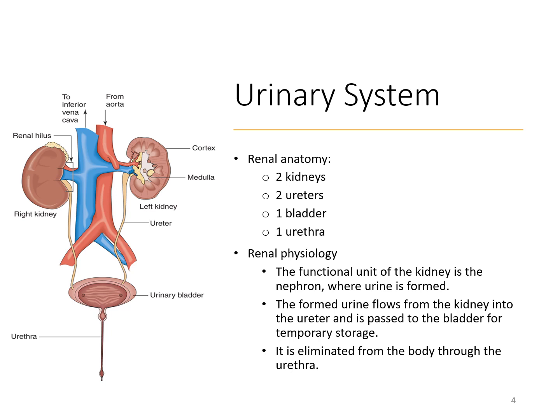The urinary system consists of 2 kidneys, 2 ureters, 1 bladder, and 1 urethra. With urine, we're looking for the function of this whole system. The functional unit of the kidneys is the nephron, and this is where urine is actually formed.